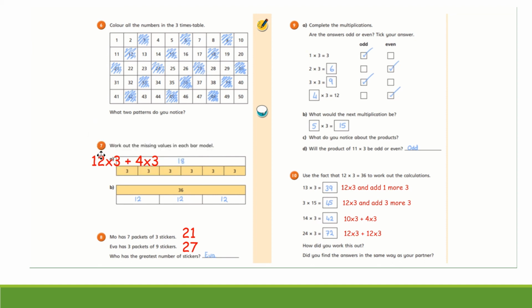So let's move that there. So we could have had that as well there. And the last one, 24 times 3. If we're using the 12 times 3, we could have just doubled, because 12 add 12 is 24. And so it would be 36 add 36, which gives you an answer of 72.